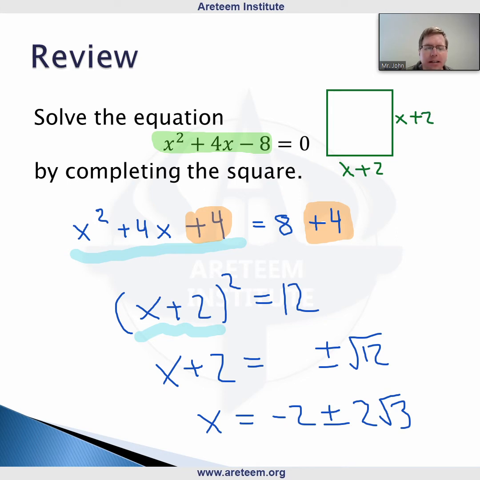Then don't forget we have this minus 12, so our picture is that things are off by some number. Our square minus 12 gives us x squared plus 4x minus 8. Next we're going to draw a similar picture with a rectangle, and this is where the name completing the rectangle gives us the idea of more factoring tricks.